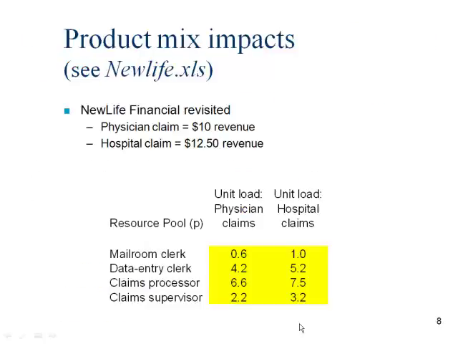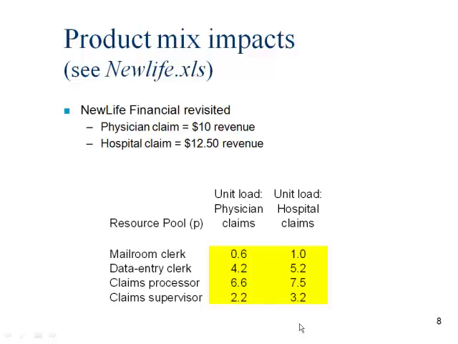Okay, so far we've talked about the idea that processes consist of resource pools and that the resource pool with the most limited capacity serves as a constraint on the capacity of the entire process. Now what I want to look at is what is the impact if we have differences in product mixes?